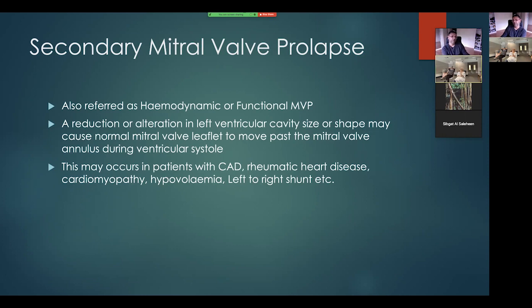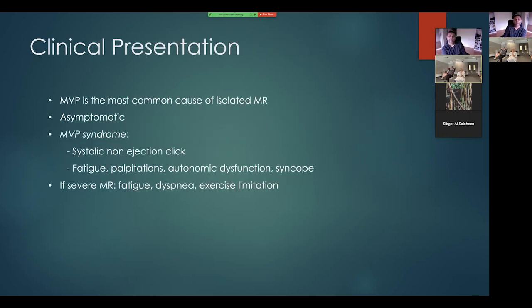Because of all these things, there could be a change in hemodynamics of the mitral valve, which can cause a prolapse. And as we know, this is the most common cause of isolated MR, and the patient can be symptomatic or asymptomatic, presenting simply because someone heard a systolic murmur or systolic click, or with all the features of mitral regurgitation.